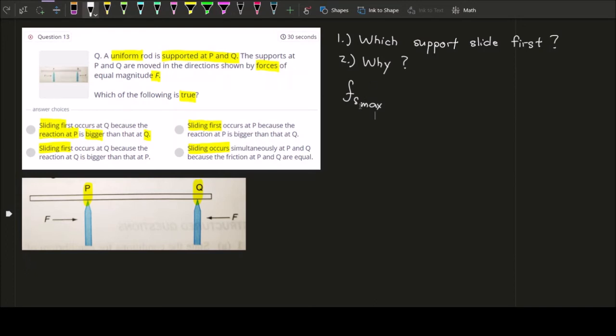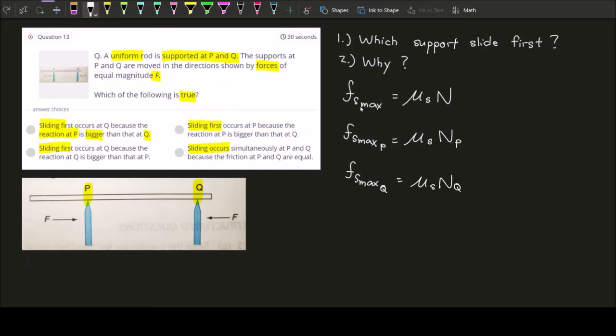Only then will the thing start to slide, changing from static friction to kinetic friction. So this is equal to mu S N. Fs max at P will be equal to mu S Np, and Fs max for Q will be equal to mu S Nq.